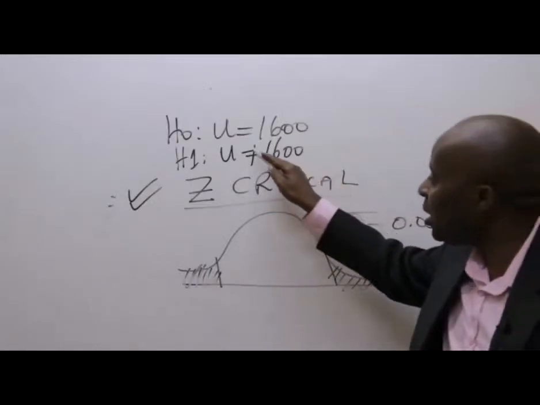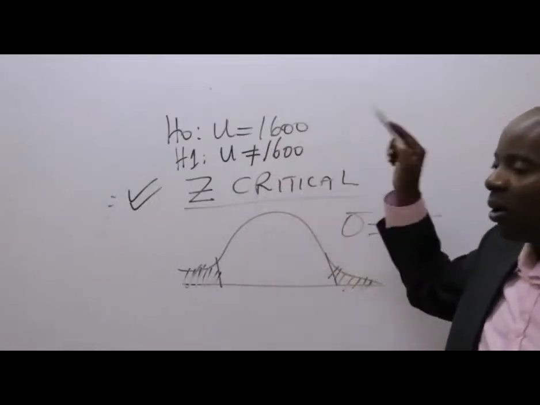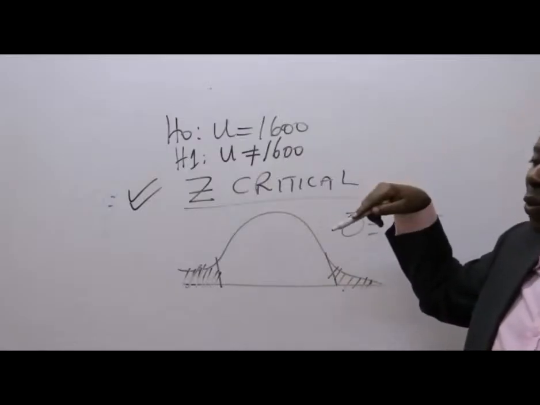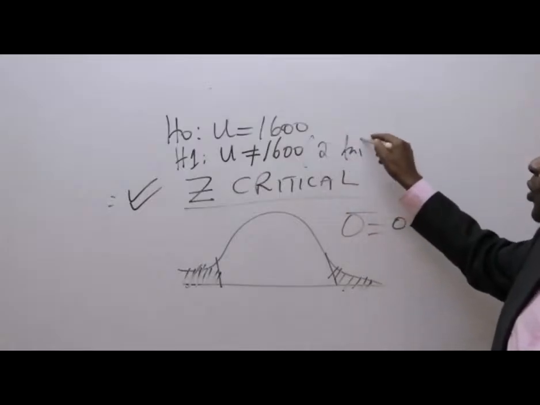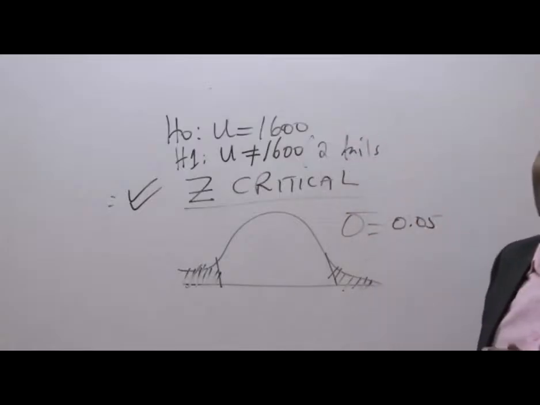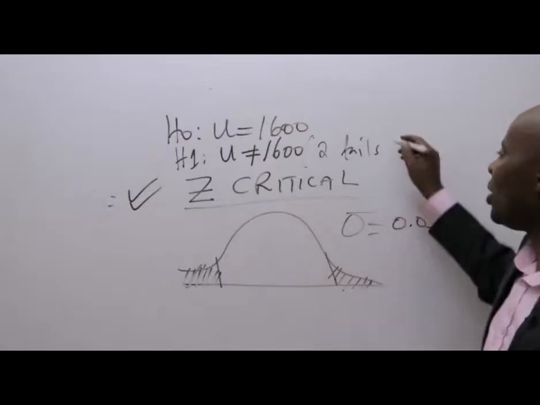Given that it's a not-equal case that can go either way, it means you are handling a two-tails test.